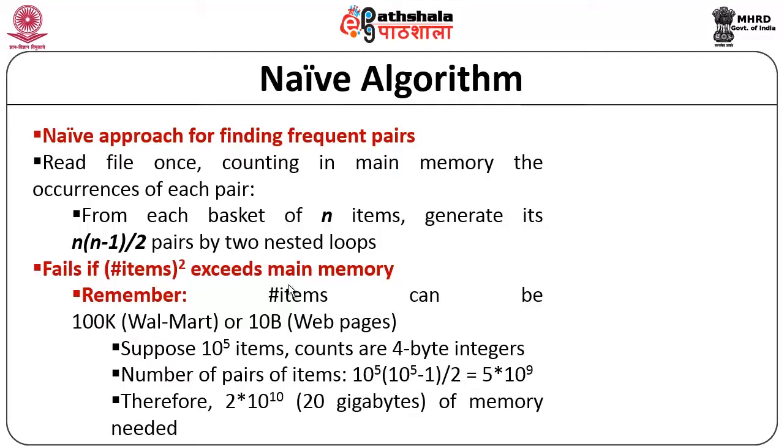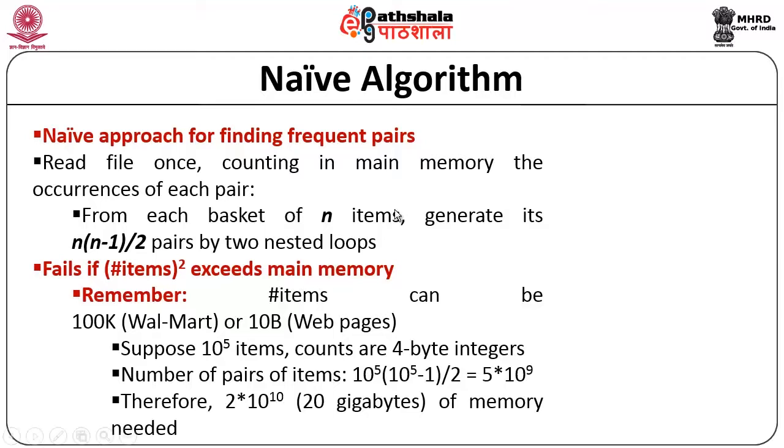In case n is so large, then n square will be very large. So, you may not have memory to hold the n square combinations, which will sometimes exceed the main memory. Therefore, it may be very difficult to handle a database which comprises a very large number of items or products.